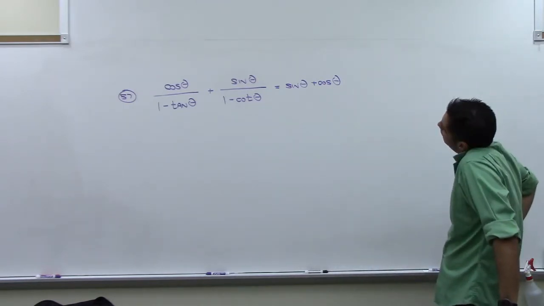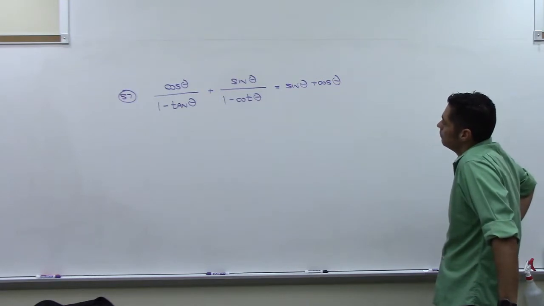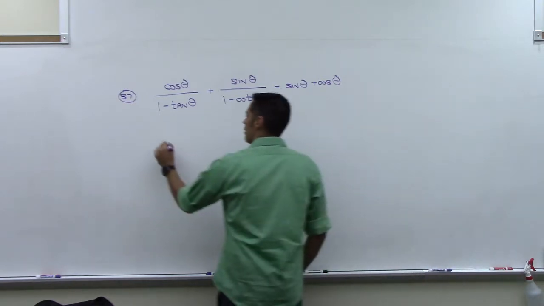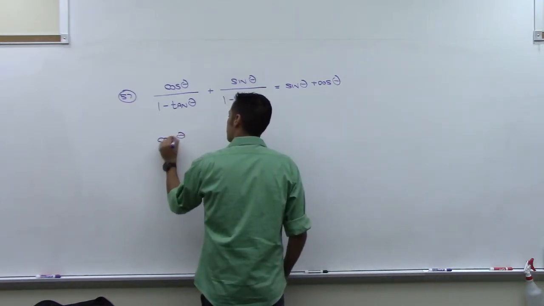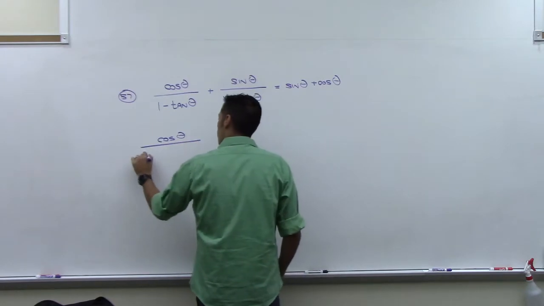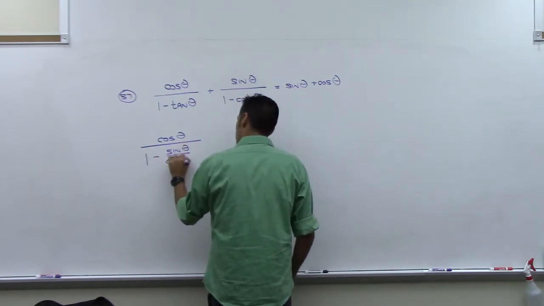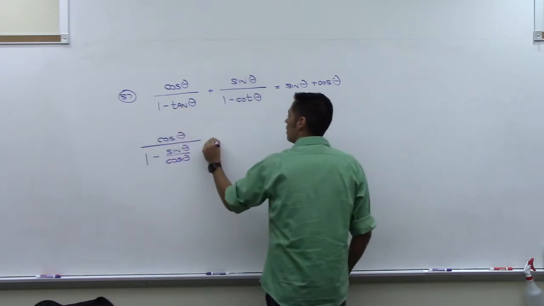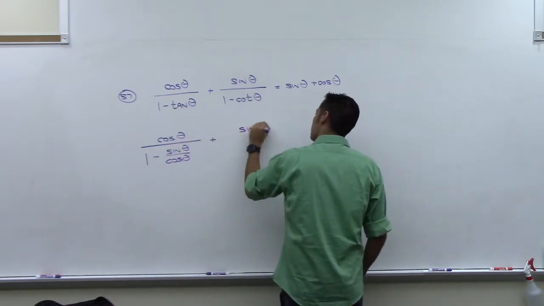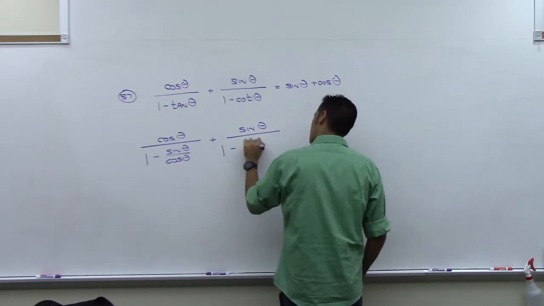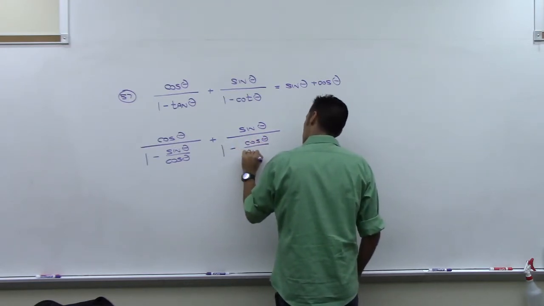Well, I think I'm going to do what I just did a second ago. I'm going to go cosine theta over 1 minus sine theta over cosine theta. That's just me rewriting what tangent was. Plus sine theta over 1 minus cosine theta over sine theta.